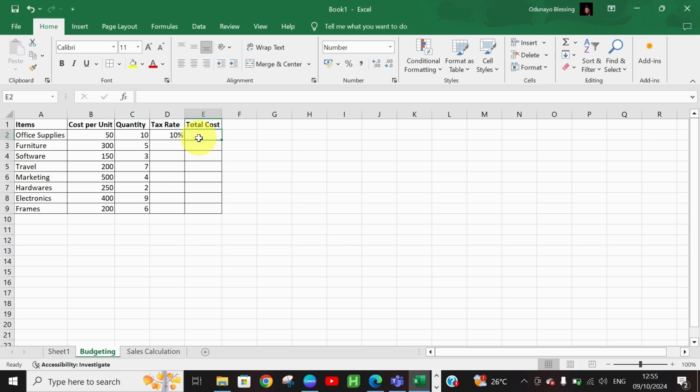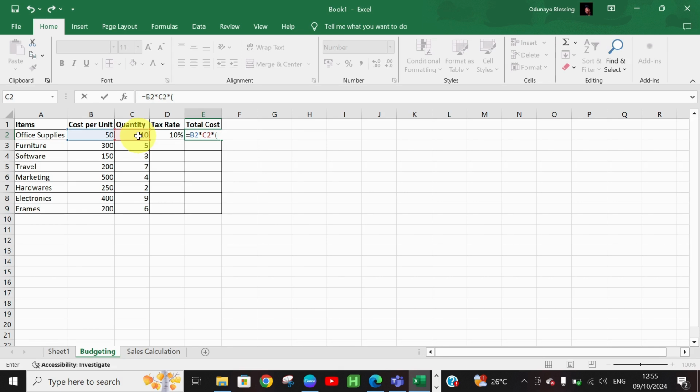So what we're going to be doing is, we have an equality sign of this multiplied by this, then multiplied by 110% of this item, because if the tax is 10%, the 10% will be on that cost.